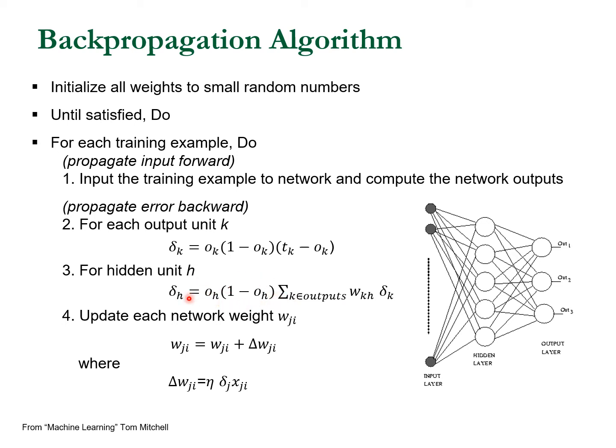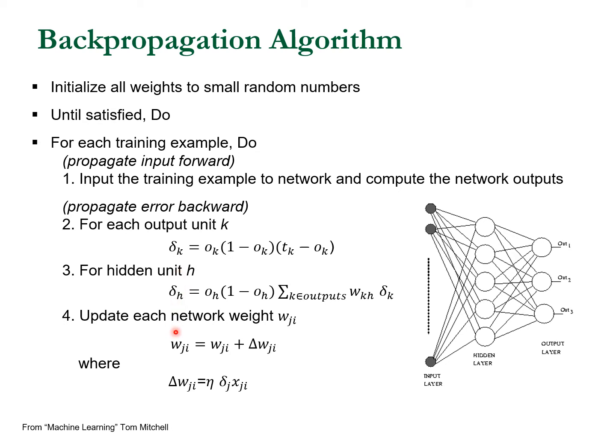So that is the definition of the delta value for a hidden node. Remember, depending on whether the node is an output node or a hidden node, we have a different delta value. This is the delta value for an output node, and this is the delta value for a hidden node.